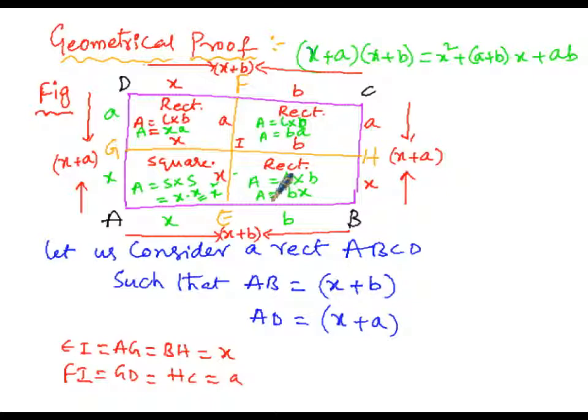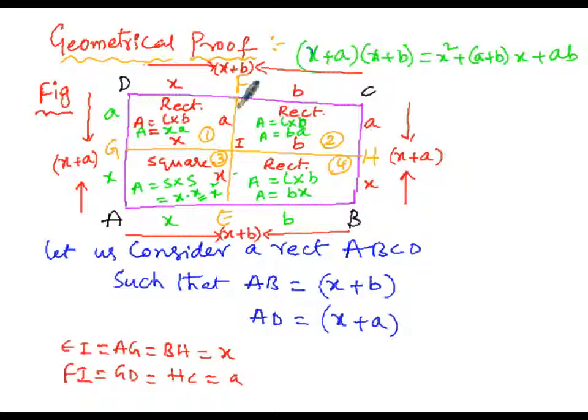To get the area of the big rectangle ABCD, we have to add up the area of figure 1 plus area of figure 2 plus area of figure 3 plus area of figure 4. When we add up the areas of the four figures, we will be getting the area of the rectangle ABCD.